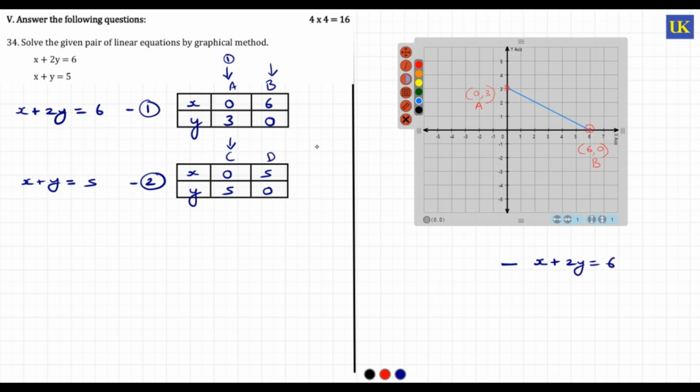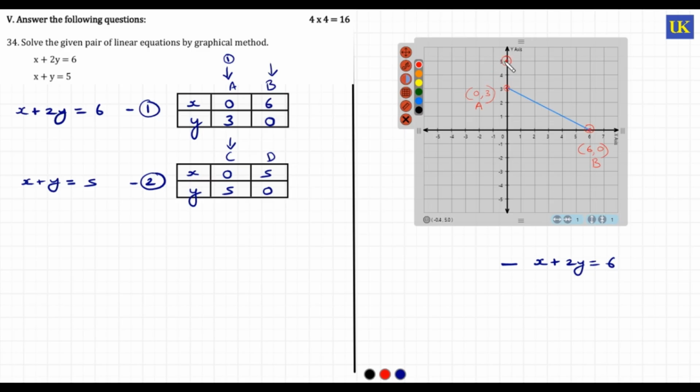Okay, now we'll see the C point. We'll mark the C point. So x is 0 and y is 5. So here x is 0 and y is 5.